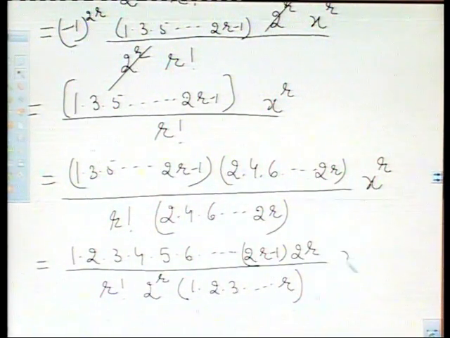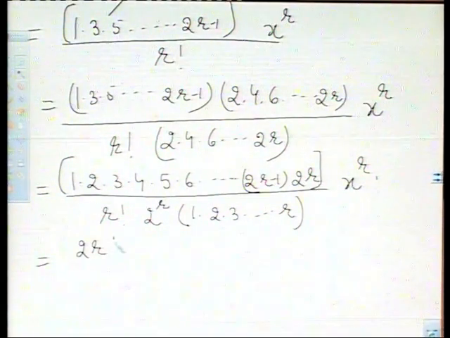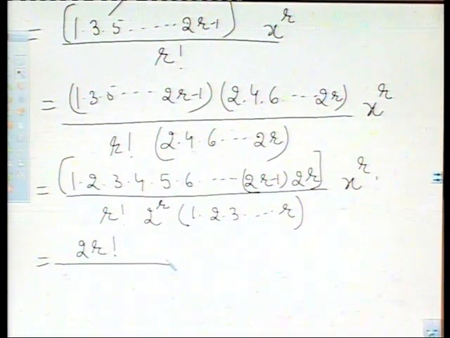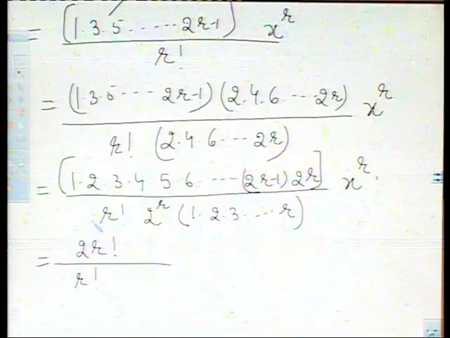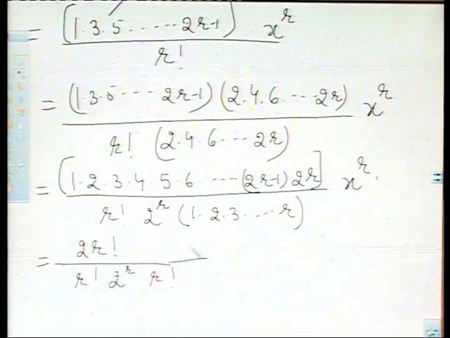Now x raised to power r. What will this be? Yes, it will be equal to 2r factorial. All this is equal to 2r factorial, and this is r factorial, 2 raised to power r, and this is our r factorial and x raised to power r.